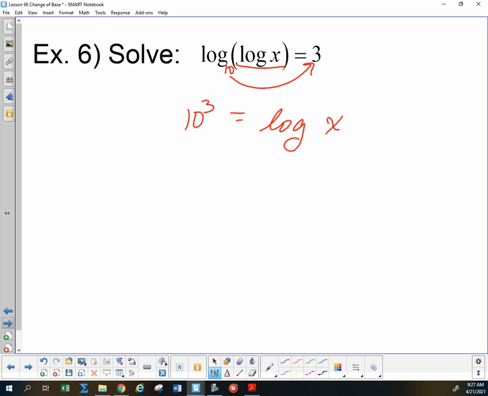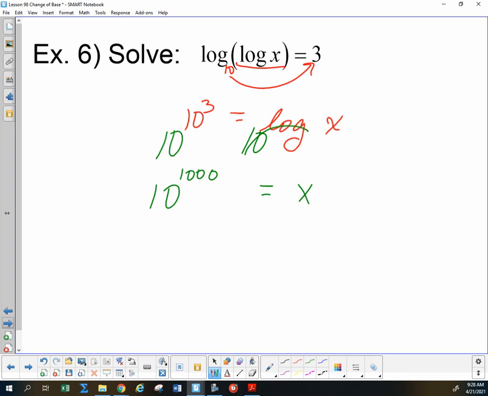Okay, I want to get rid of that log because I want just x, right? So I need to exponentiate both sides. Or I could take 10 cubed equals log base 10 of x and convert that to exponential form and get the very same thing. This cancels out. X equals 10 to the 1 with 3 zeros is 1,000.